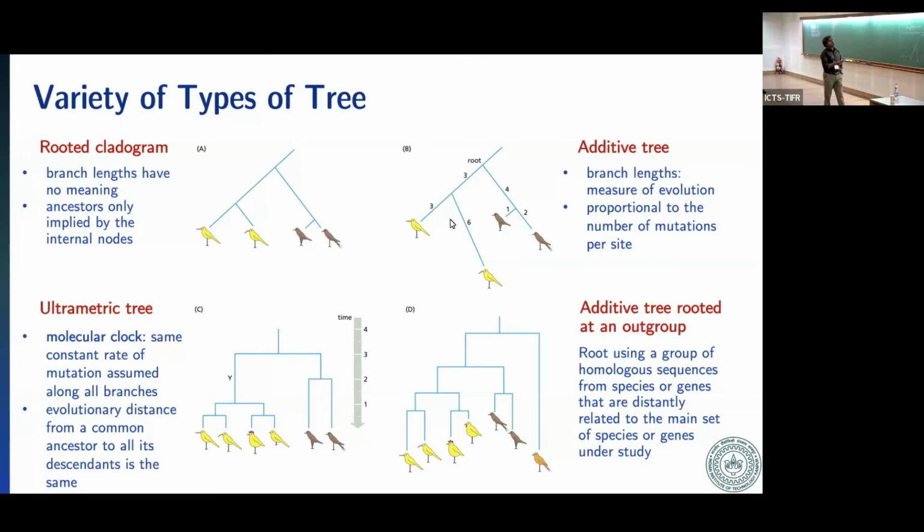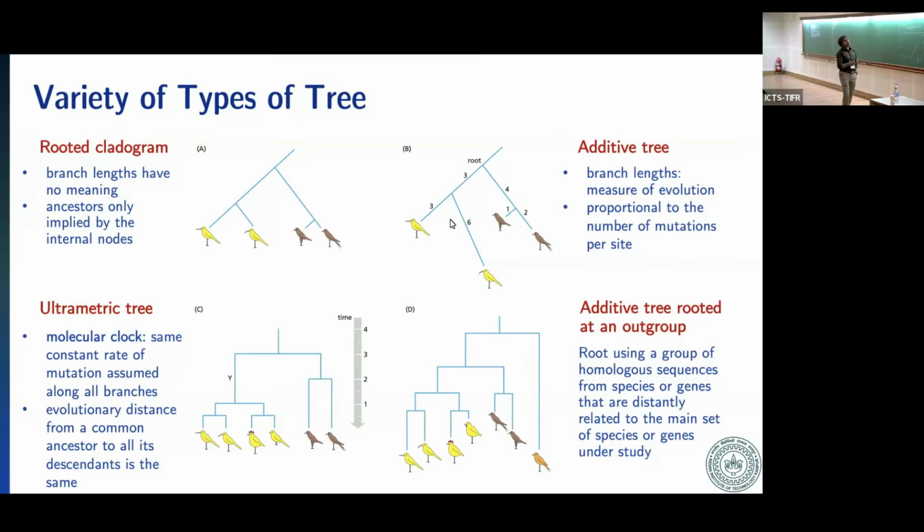By this principle, we can say that this particular species is acquiring a lot of mutations as compared to, let's say, some of the recent common ancestors. And we can also say that the mutational difference between these two species is much less as compared to these two species, right? Just by looking at these branch lengths.